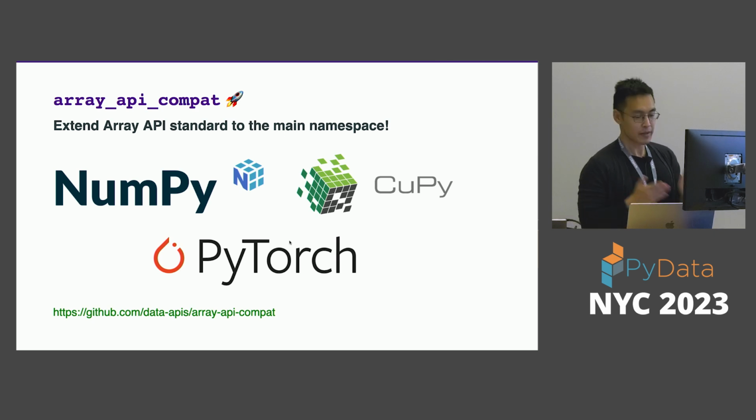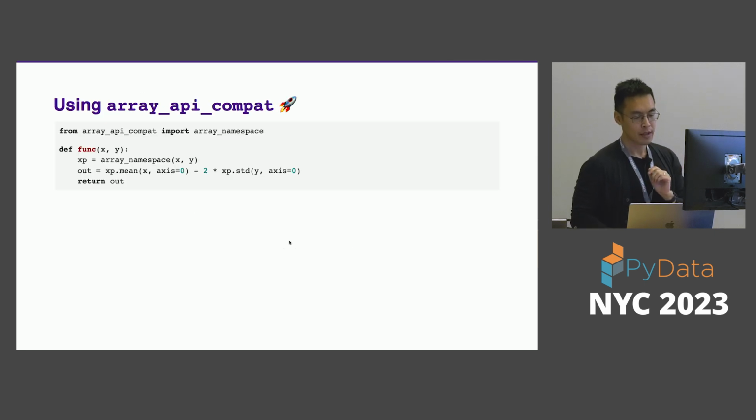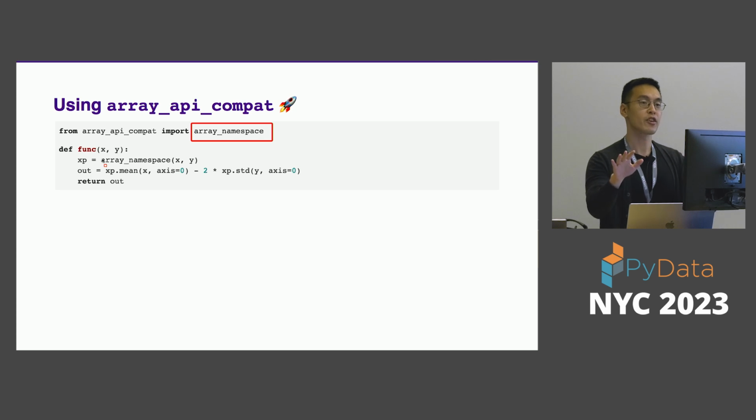The way you use it is exactly like the code from before with the vision. You import array_namespace from this library, which is a pure Python library. There are no compiled functions, so it's very easy to install.